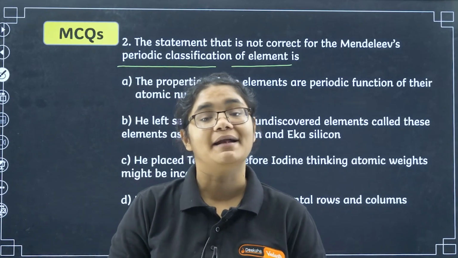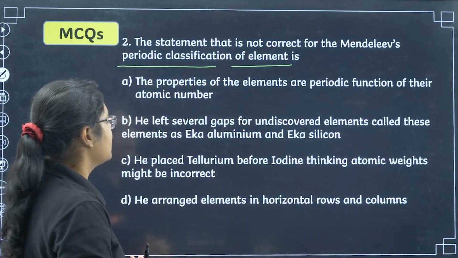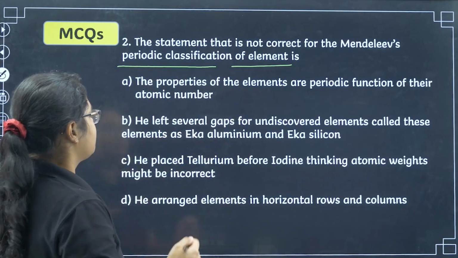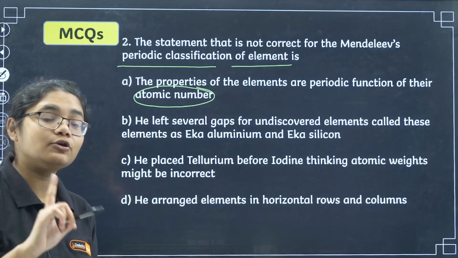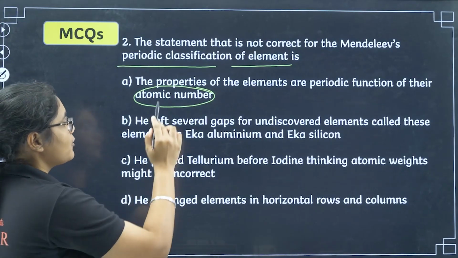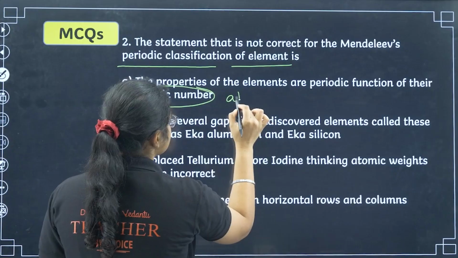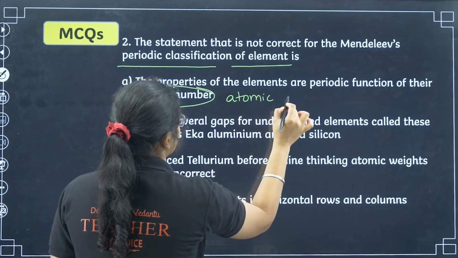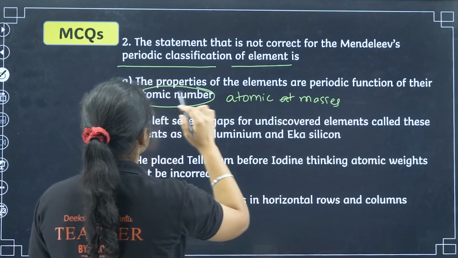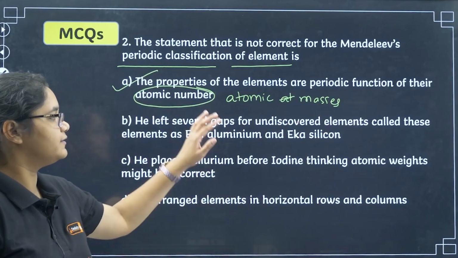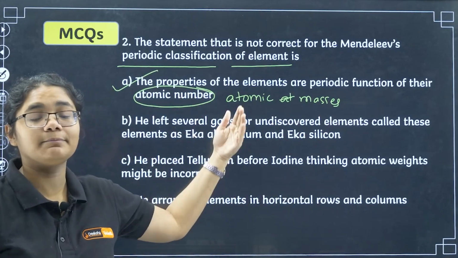That was Mendeleev's periodic law. Let's see here: the properties of the elements are periodic functions of their atomic number. No. According to Mendeleev's periodic law, the properties are periodic functions of their atomic masses, not numbers. So this is incorrect, and this is correct for the modern periodic law.